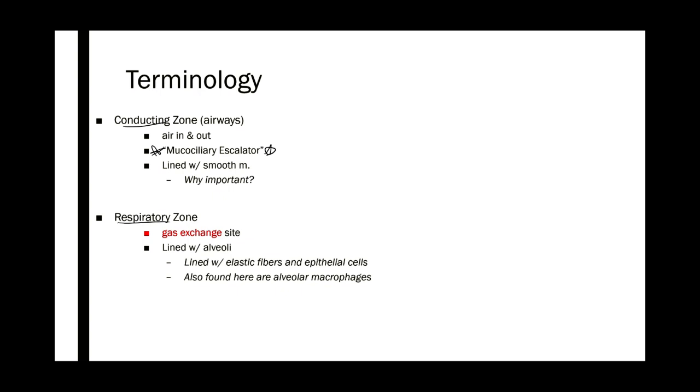When you hawk up a huge loogie, that's because bacteria and debris got into our airway, and then it was sent back up against gravity via this mucociliary escalator, and then it comes out in the morning in the form of a big loogie. It's lined with smooth muscle, and why is that important?